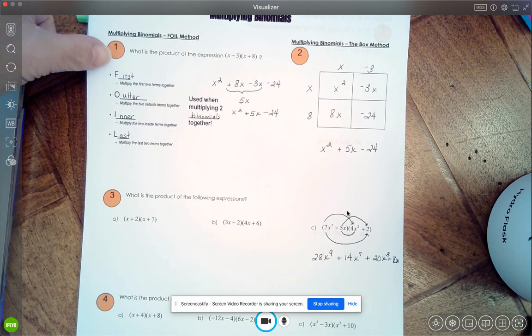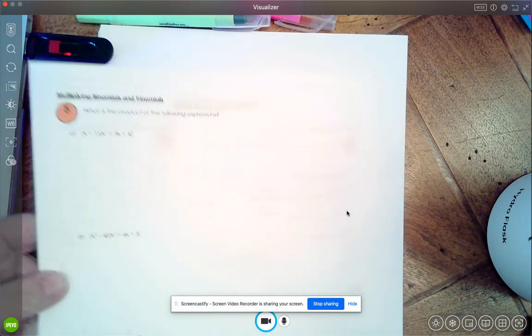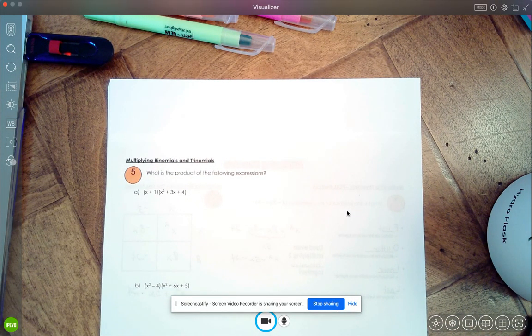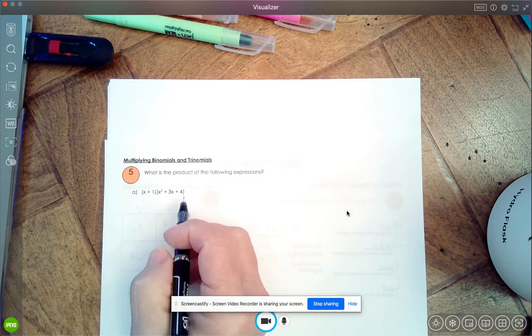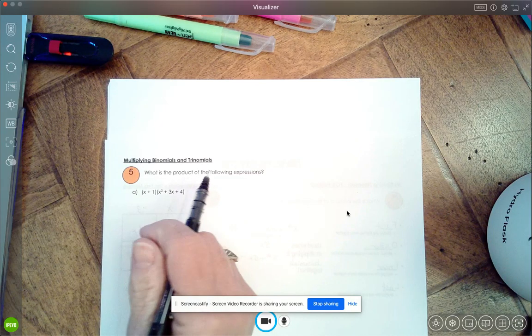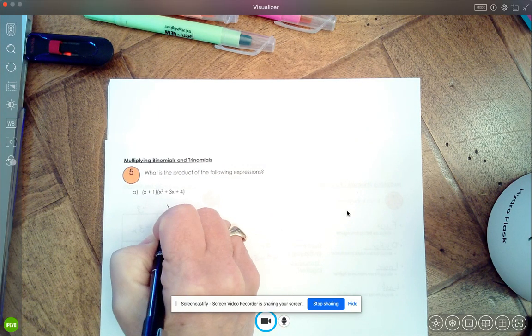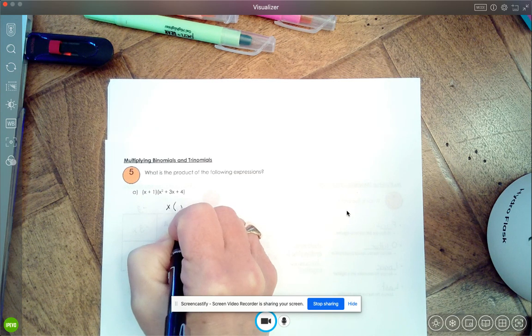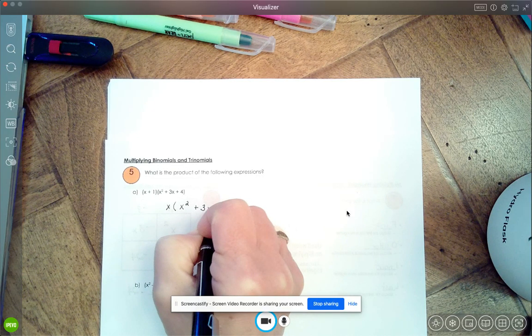One other thing that I'm going to have you do on the back with these is a binomial and a trinomial. Now, I don't have the first, outer, inner, and last that I do, but one of the ideas I'm going to give you is I can take this first term x and multiply it by this whole thing here, x squared plus 3x plus 4.